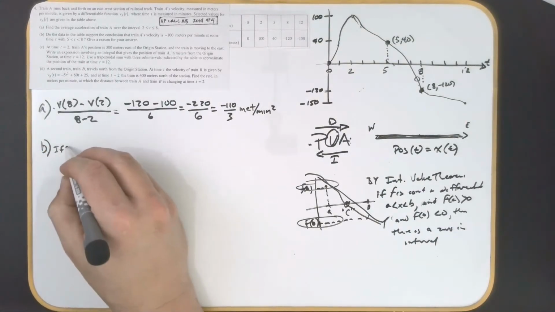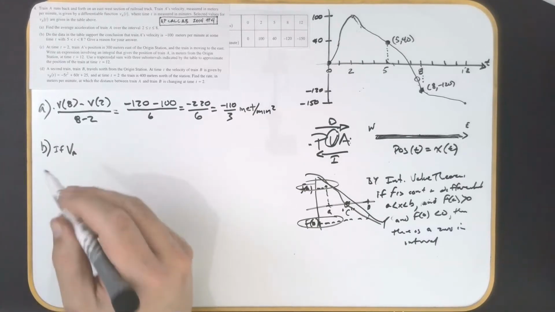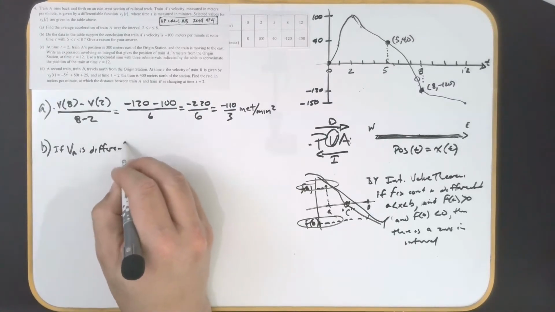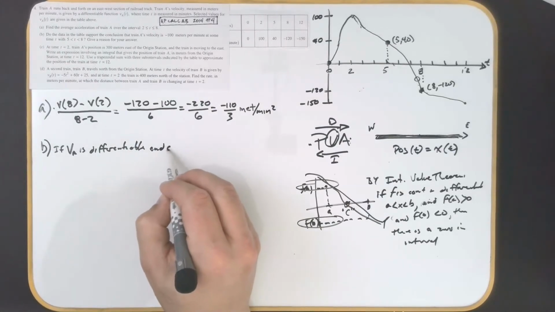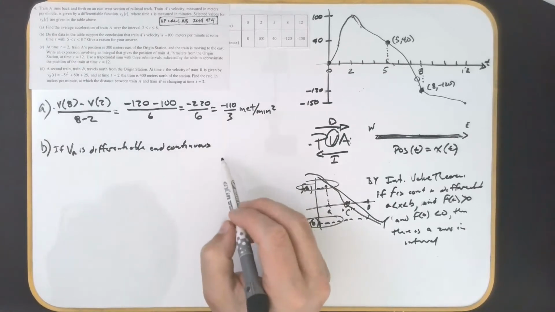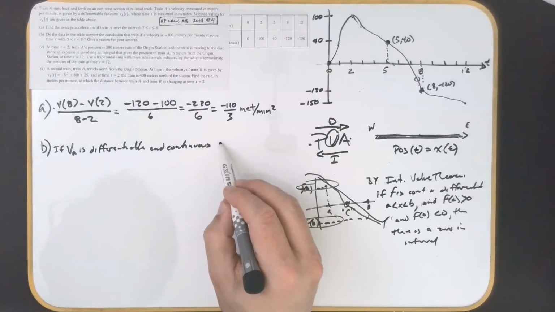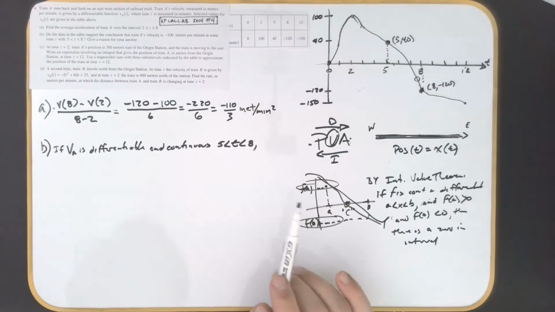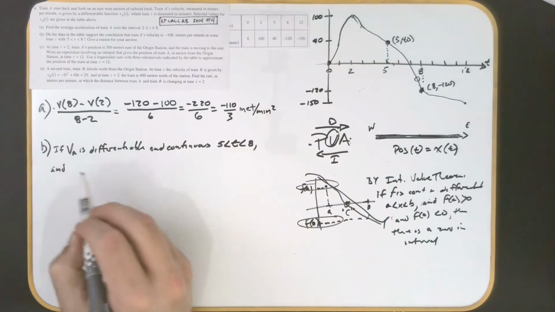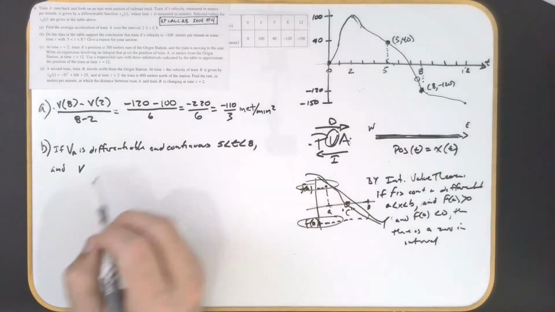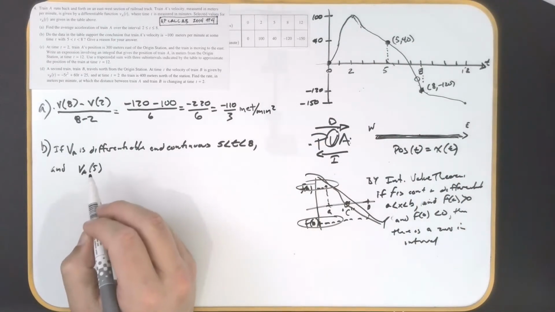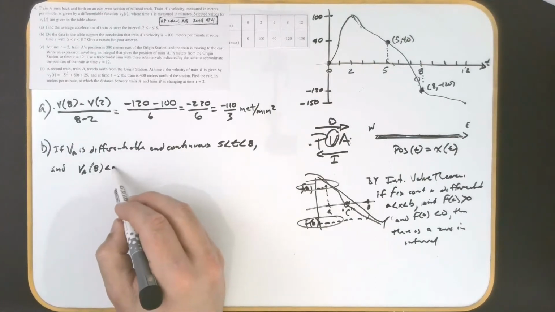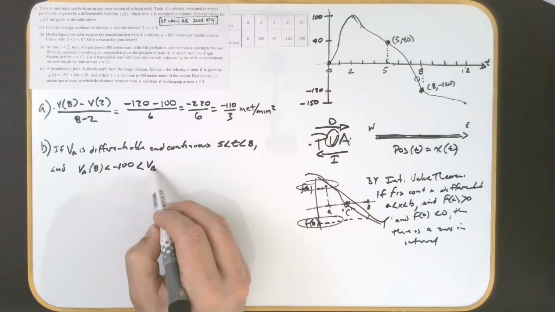So if v sub a, because this is train A, train B is coming up, is differentiable and continuous on our interval, 5 less than or equal to t less than or equal to 8, and I like to use less than statements here, v sub a of 8 is less than negative 100, which is less than v sub a of 5.